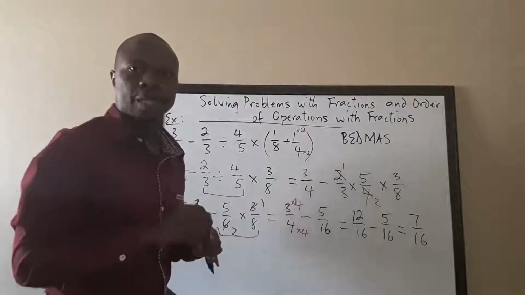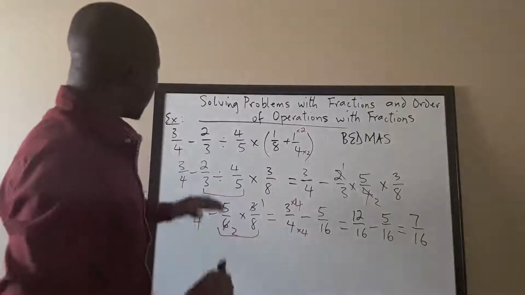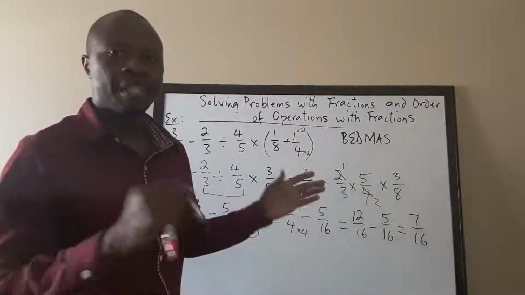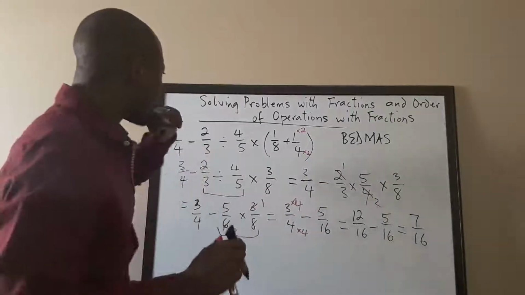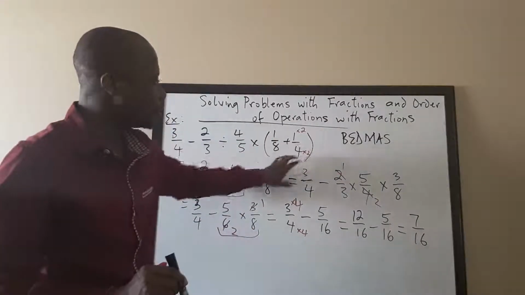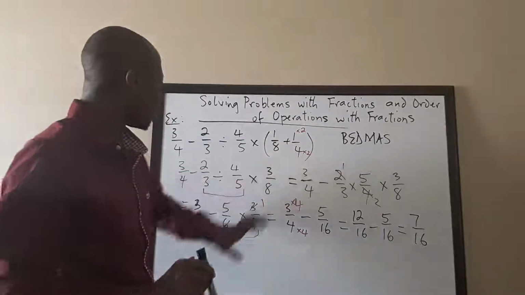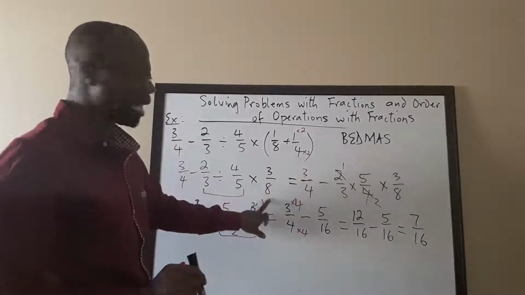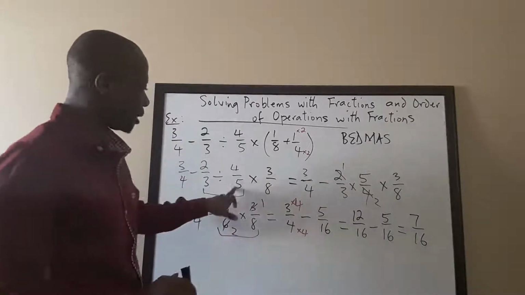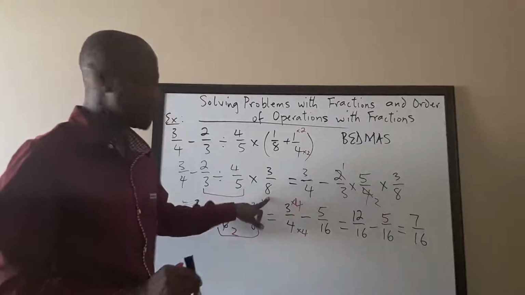So let's just quickly go through this here. So we go with BEDMAS because we have a bunch of different operations. We have to do bracket first. So we deal with this first. We add. When we add this, we get 3 over 8. So we write these 3 items down like that, times 3 over 8.